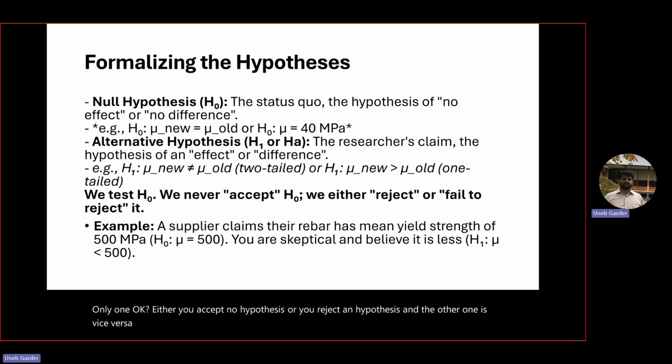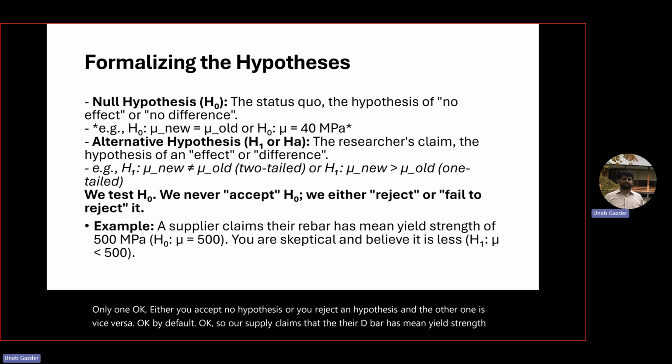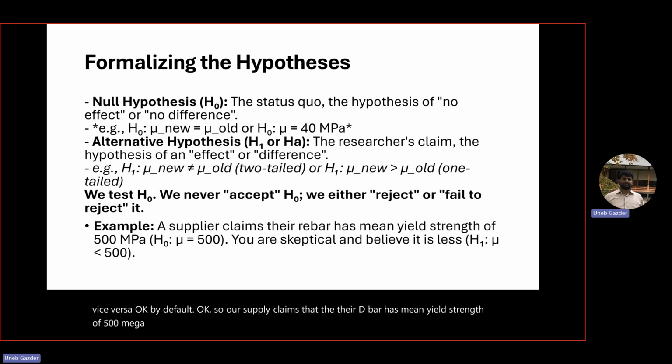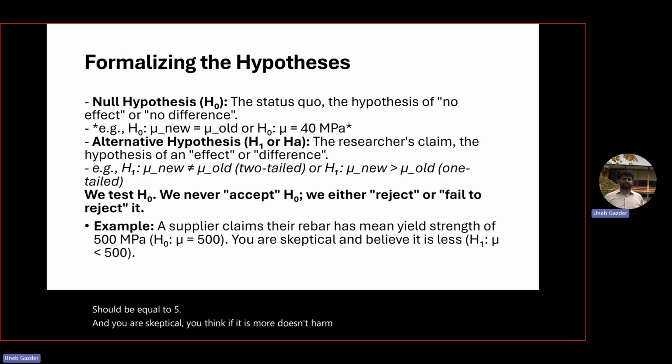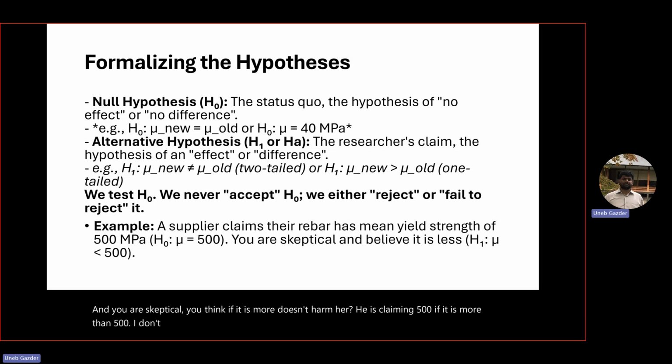By default, our supplier claims that the rebar has mean yield strength of 500 megapascal. So this is the null hypothesis, right? It should be equal to 500. And you are skeptical. You think if it is more, it doesn't harm. He is claiming 500. If it is more than 500, it won't bother, that's not a problem, right?